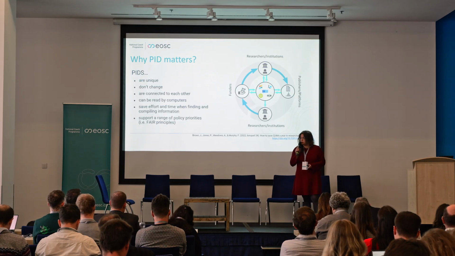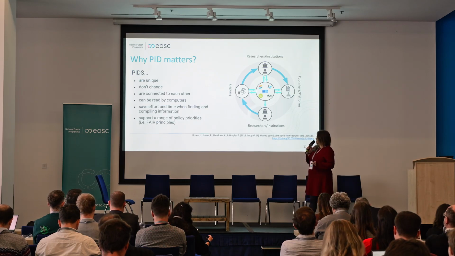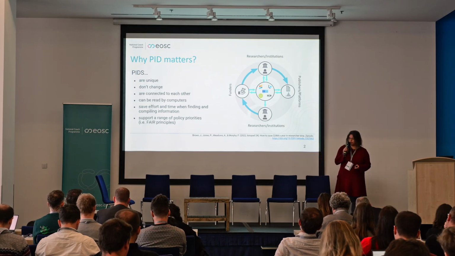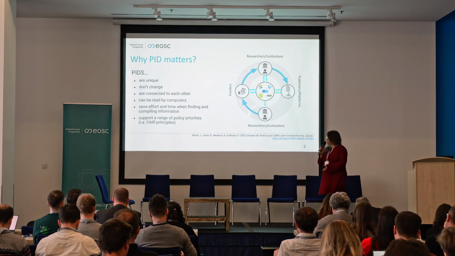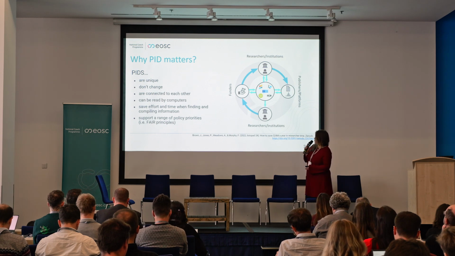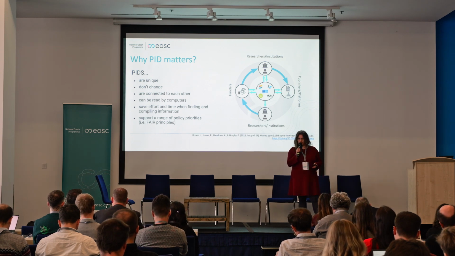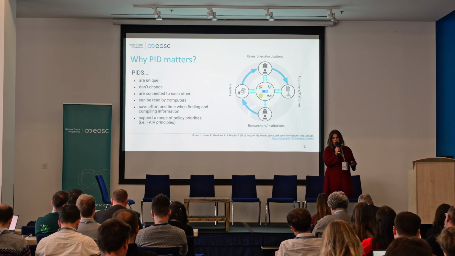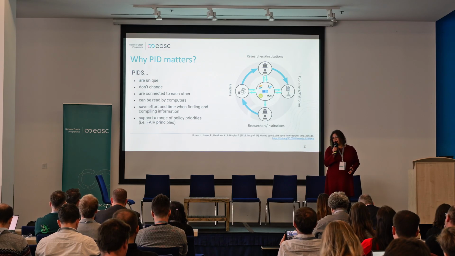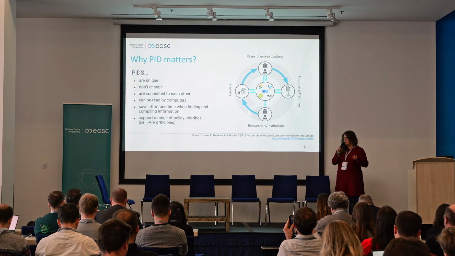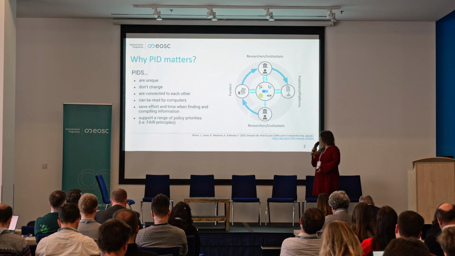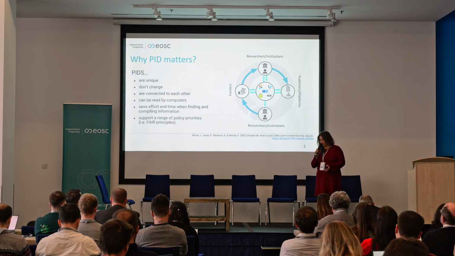They are machine actionable, and therefore they save effort and time when finding and compiling information. Nevertheless, they support a range of policy priorities like the FAIR principles. But the truth is they are part of the FAIR principles because they are that valuable, and they are in the first levels. If you want to find research data, you need to have persistent identifiers.